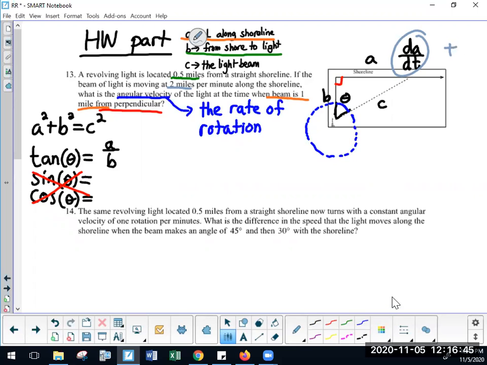And believe it or not, we have a dB dt as well. It doesn't tell us what dB dt is, and I don't have to calculate what dB dt is, but I know what dB dt is. And you may know what dB dt is also. That is 0 miles per minute, because the distance from the shore to the light B doesn't change.